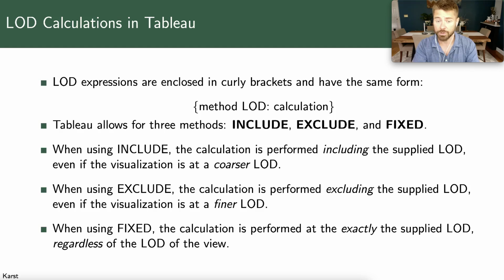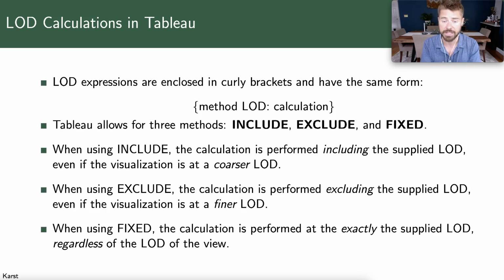We would say include country and then do the following calculation, even if the level of detail of the view is region. So there's no country in the level of detail of the view, but the computation is happening at that level of detail. So include forces Tableau to go to a finer level of detail to perform the computation, even if the view is at the coarser level of detail.